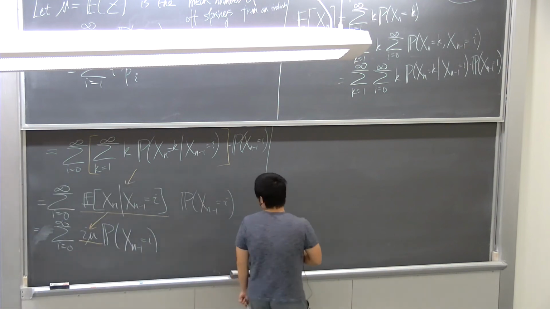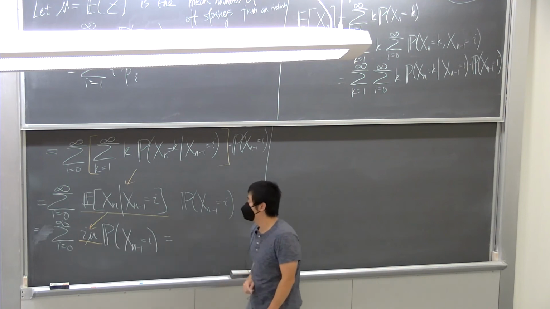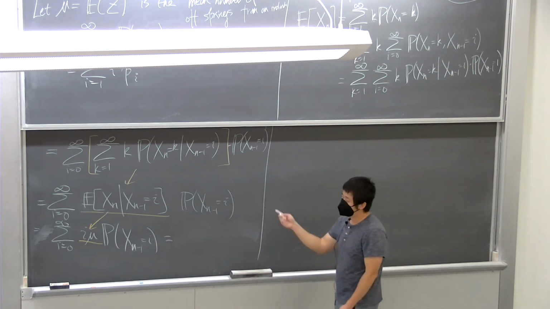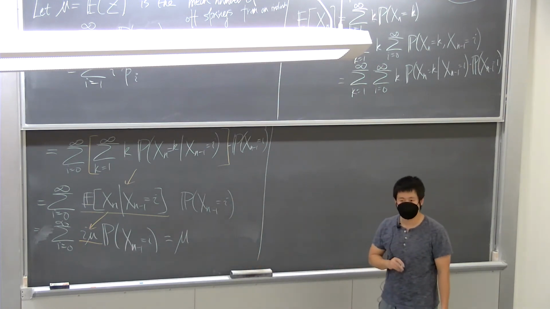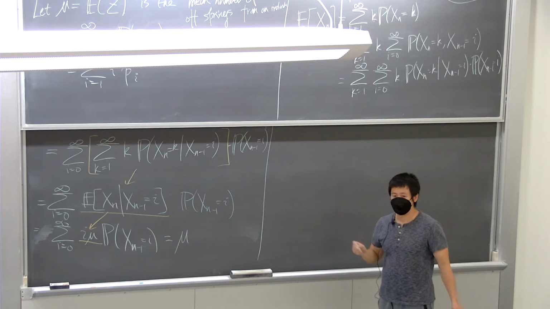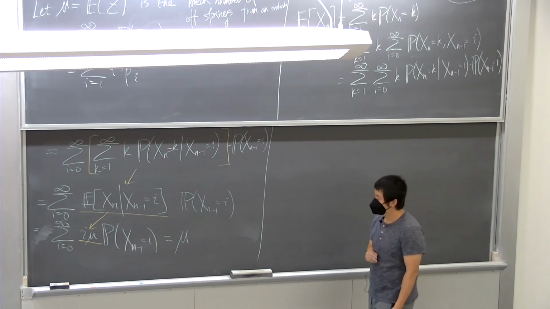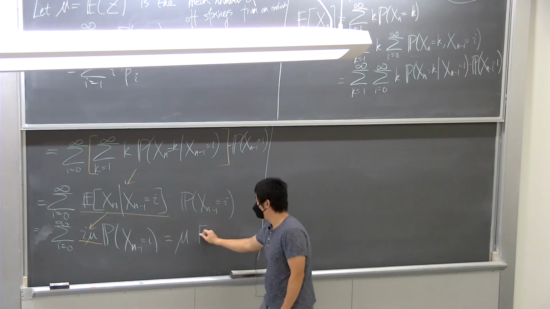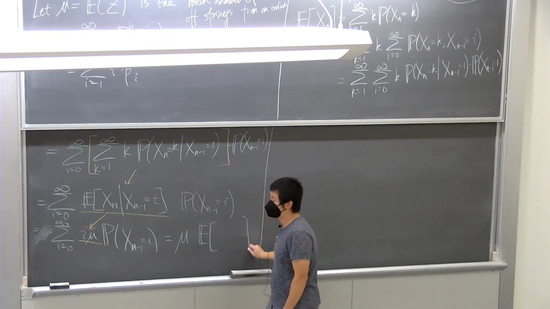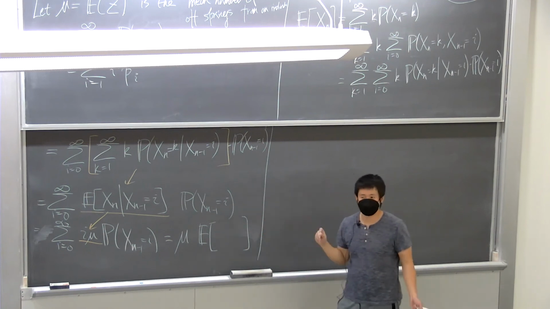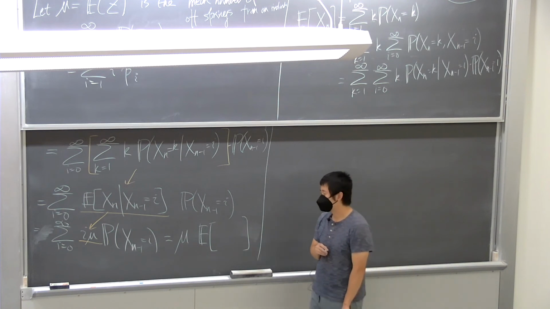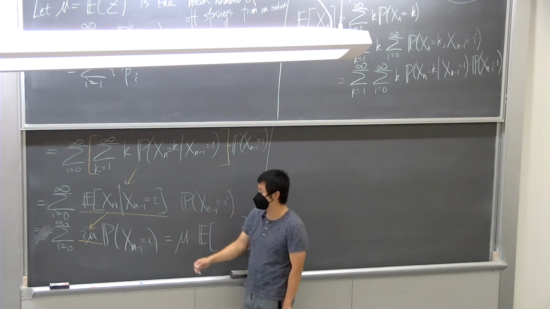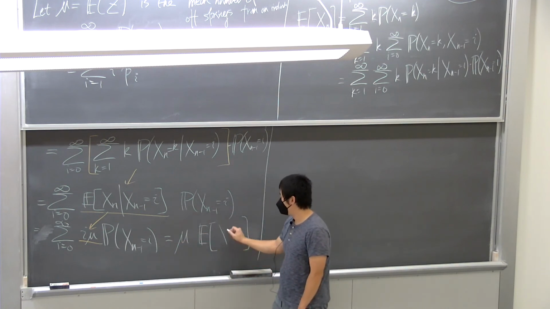Now from here, we can factor out the mu. We can bring the mu to the outside of the sum. And what is the sum here? Can you recognize it? Again, it's an expectation. It's just the definition of the expectation of X_{n-1}.